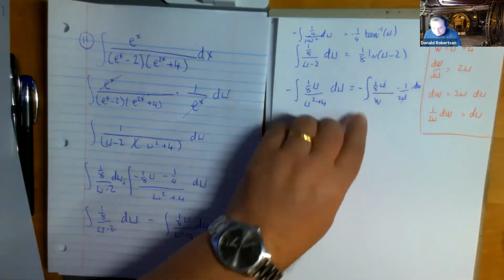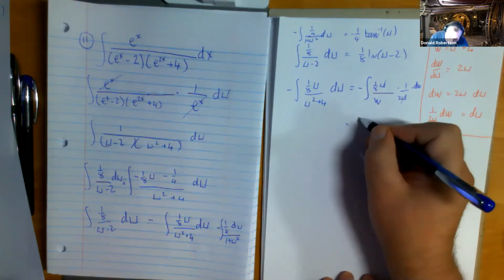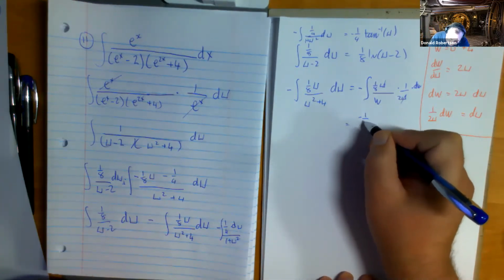What kind of fraction is this going to get me? I have a 1/8 on the top and a 2 on the bottom. What single fraction does that become? You may have said it, but I can't hear you. I think I heard it. And guess what?